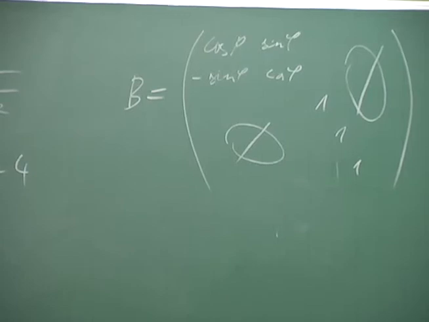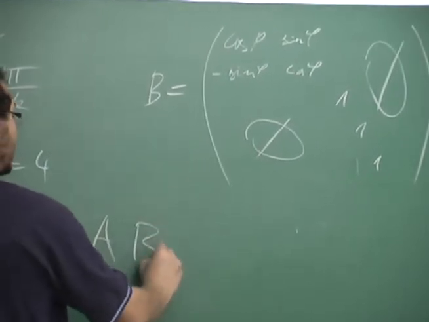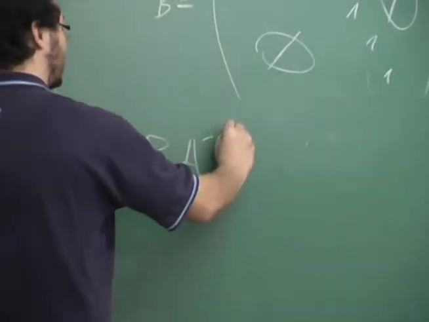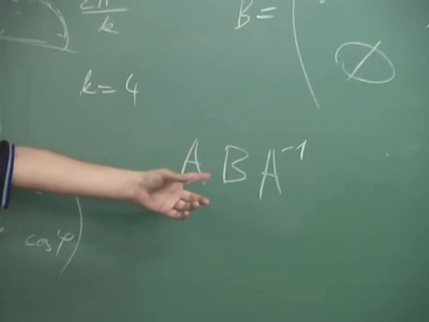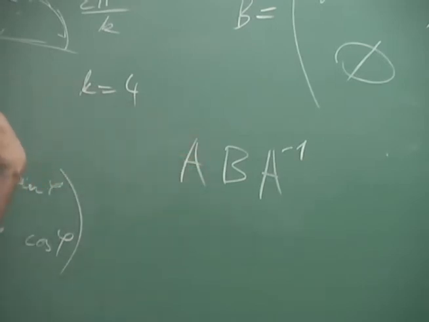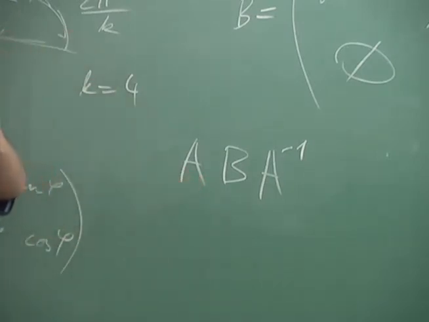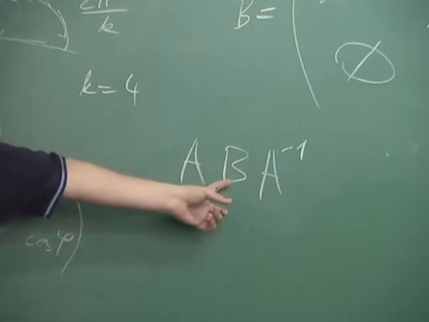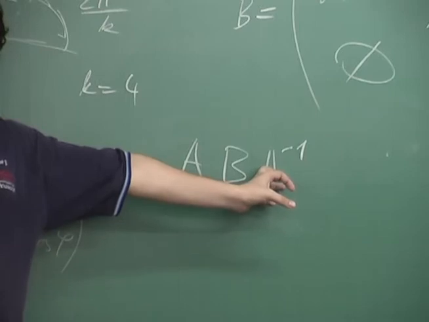And now, if we take any regular matrix A, then A B A to the minus 1 will once again be a matrix with the property we need, because its kth power will still be the identity. We do some regular transformation. Basically, we choose a random axis. We do the rotation, and then we do the original transformation back.